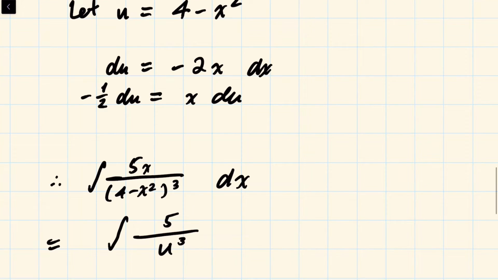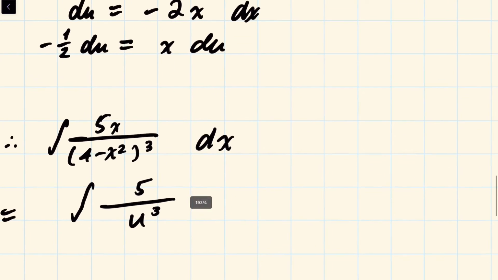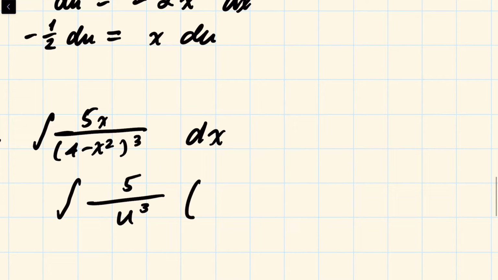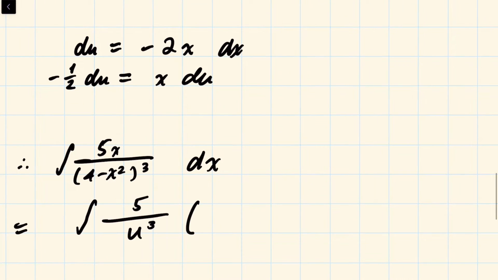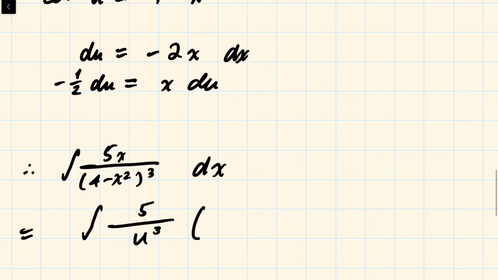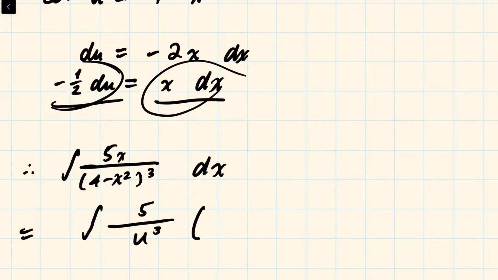So we've got u to the power of 3 down there, multiplied by, notice we're just subbing in, we're going to sub in this negative 1/2 du for the x dx, right? We're going to sub this into that. And where do we see that? We see it here, right?